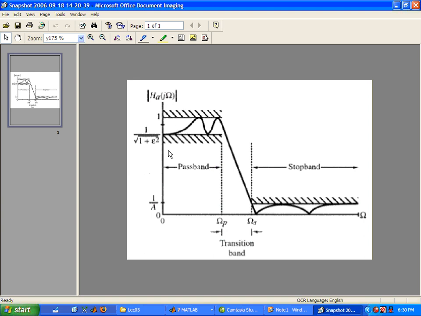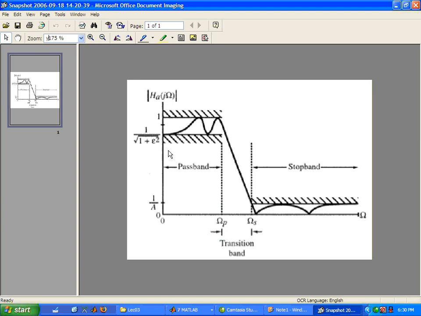That means a more restrictive filter, a higher order. Well, that was complicated. How about A? What if we increase A? More restrictive or less restrictive? Absolutely. More restrictive, so that means we need a higher order filter. Good.